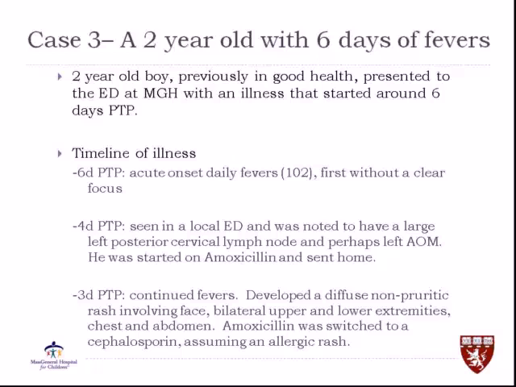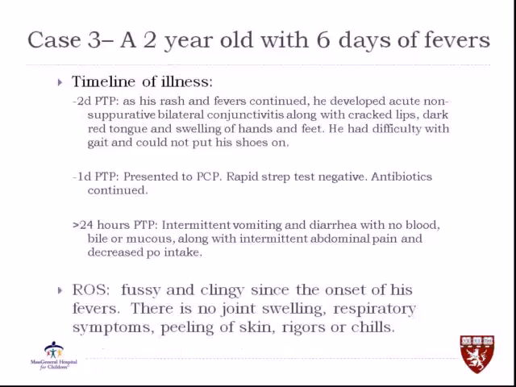He was started on amoxicillin and sent home. A day later, after 2 or 3 doses of amoxicillin, his fevers continued, and now he started with a rash. His rash is involving his face, his extremities, his chest, and his abdomen. Folks assumed it was an allergic reaction. His pediatrician changed his amoxicillin to a cephalosporin.